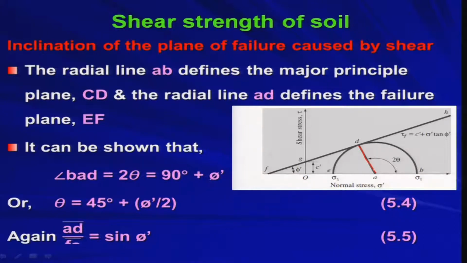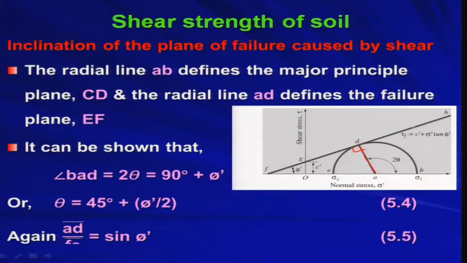Now, it can be shown that angle BAD is equal to 2 theta, which is equal to 90 degrees plus phi prime. Why is it 90 degrees plus phi prime? Because this is the radial line and this is the tangential line; the failure envelope is a tangential line.